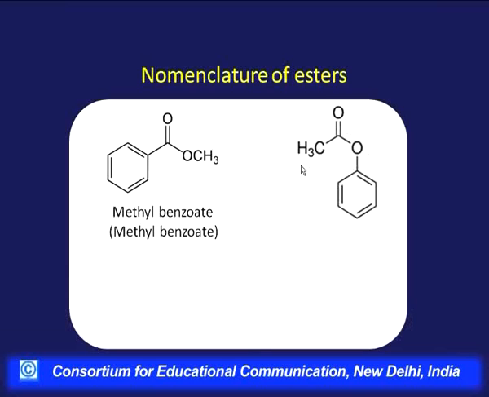In this structure, the acid part is this CH3COO, and this is the phenol part from where it has come. So, this will be named phenyl ethanoate, or phenyl acetate in the common name.